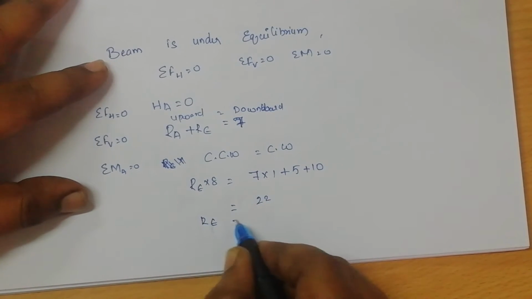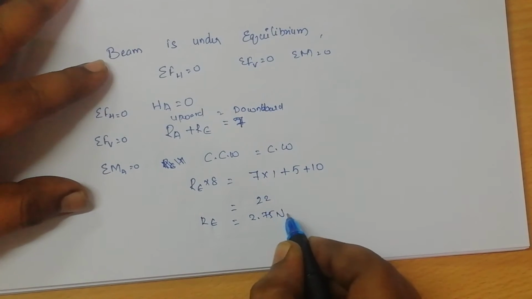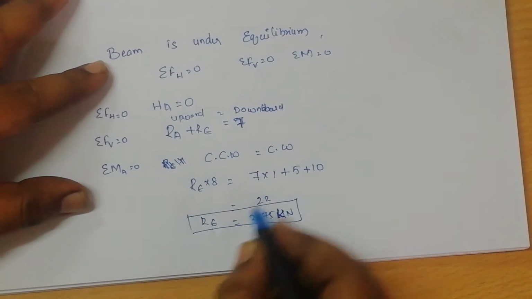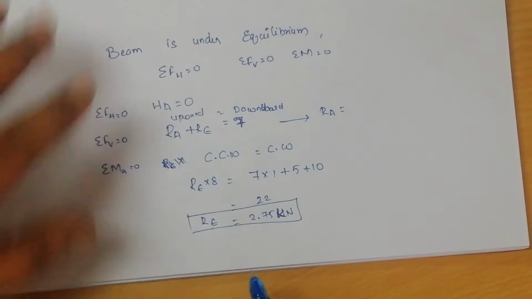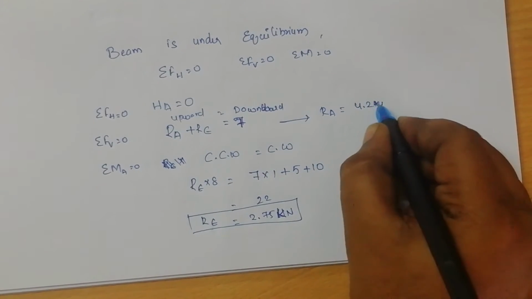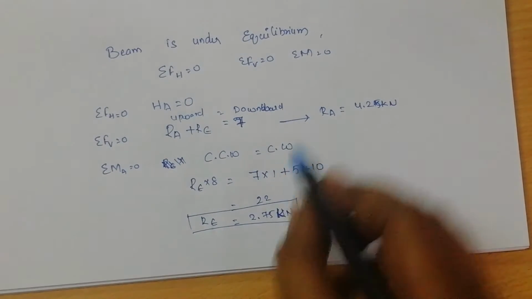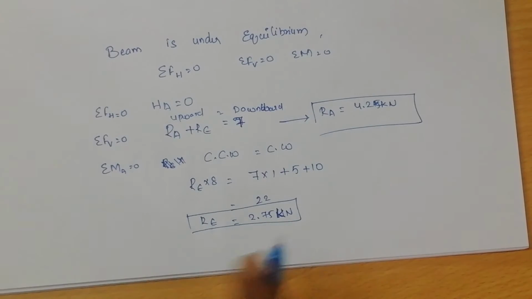So the RE value will come as 2.75 kilonewton. When you get this, we substitute here, and we get RA equal to 4.25 kilonewton. We got the RA value, we got the RE value.